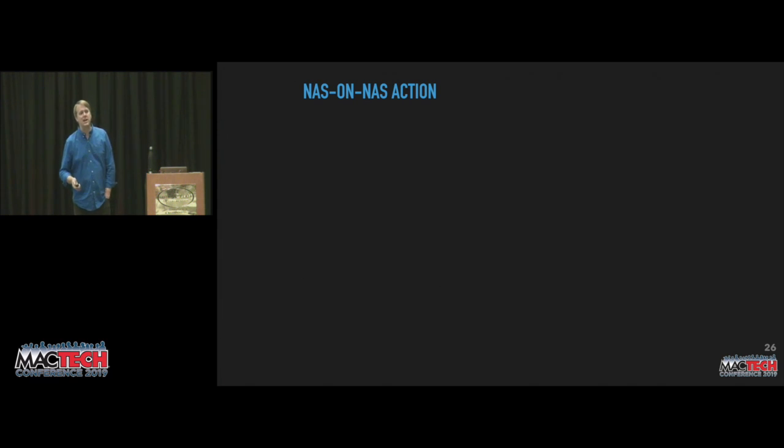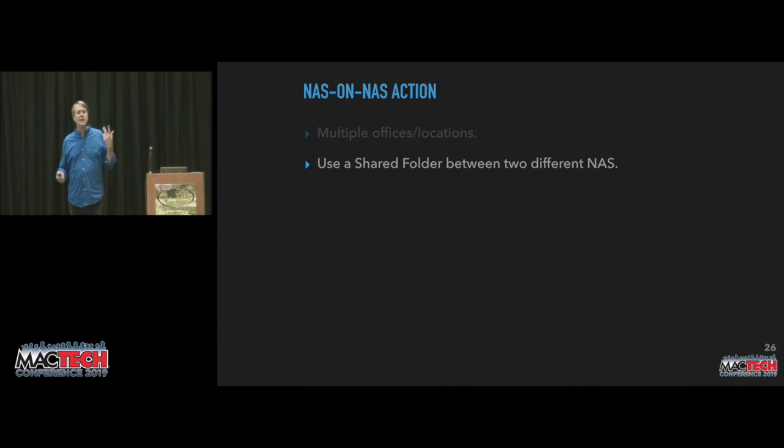We'll talk about NAS on NAS action here. Let's say you have multiple offices or locations. I've got one client who works with a lot of film footage, and he's here in LA and also in Montreal. He needs to have his large files in both places, but he doesn't want to have to sync everything to his laptop because he simply doesn't have enough room.